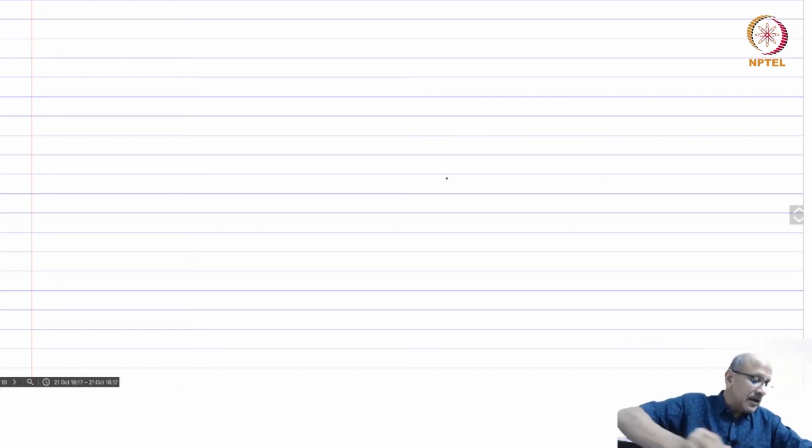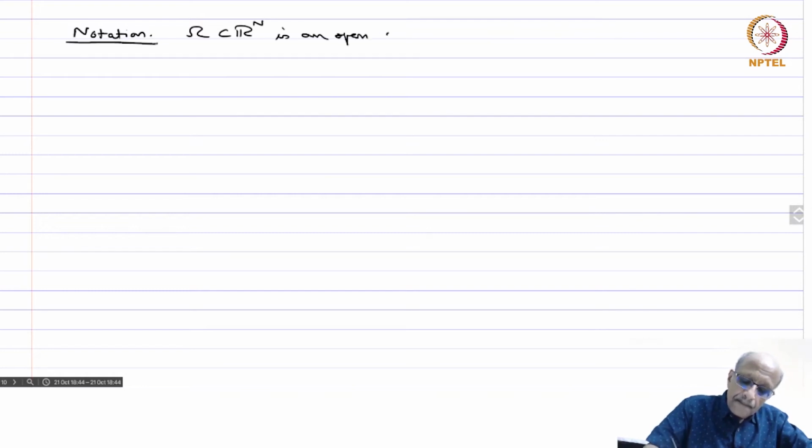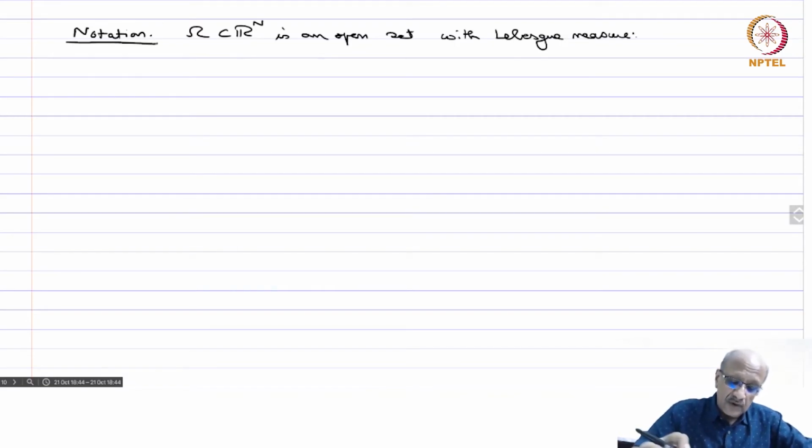Okay, so now we will introduce one special notation. If omega in Rn is an open set with Lebesgue measure, so this is the usual standard measure that we have on Rn and its subsets, then Lp of mu we will write as Lp of omega.